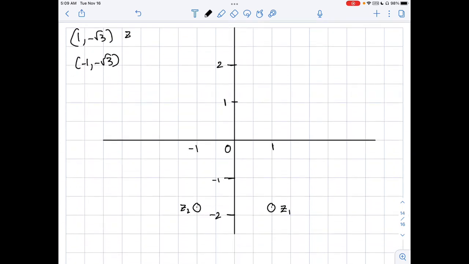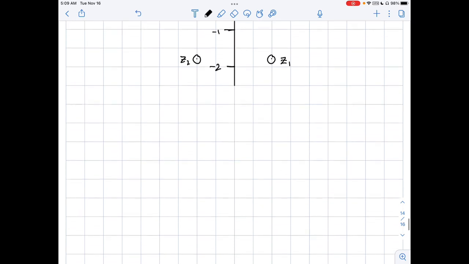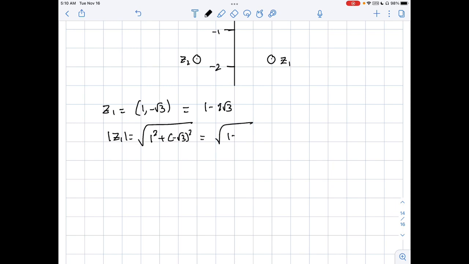So this is z1 and this is z2. z1 is equal to 1 comma minus root 3, or 1 minus i root 3. So the modulus of z1 will be the square root of 1 squared plus minus root 3 whole squared, which is 1 plus 3, which is square root of 4, which is 2.